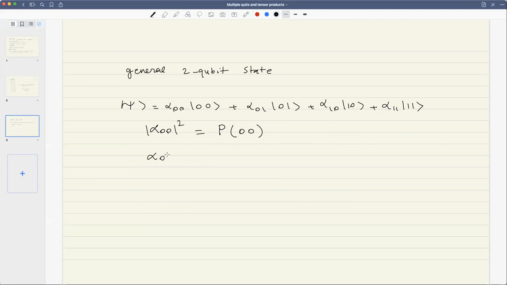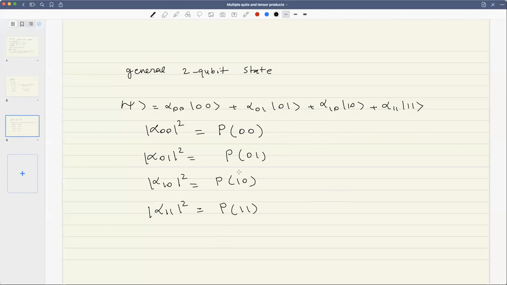Similarly, this is the probability of 0, 1, and the same for the other ones, 1, 0, and 1, 1. So alpha 1, 1 absolute value squared is going to be the probability of finding 1 and 1 when performing a measurement on both qubits.